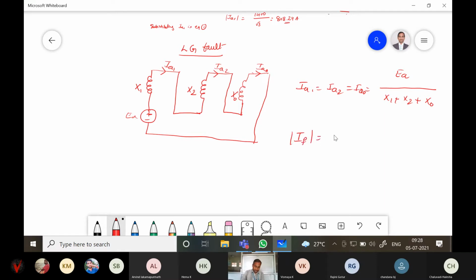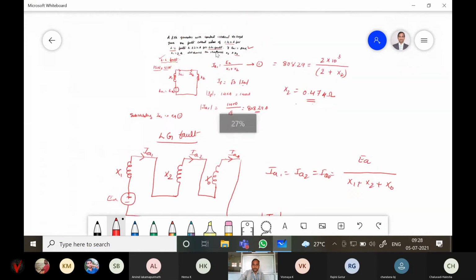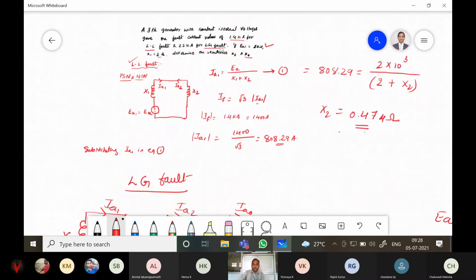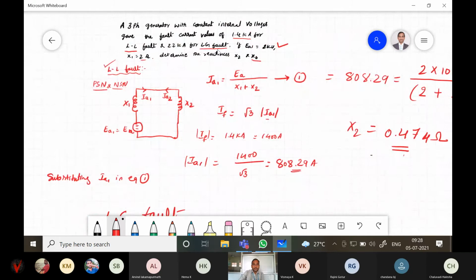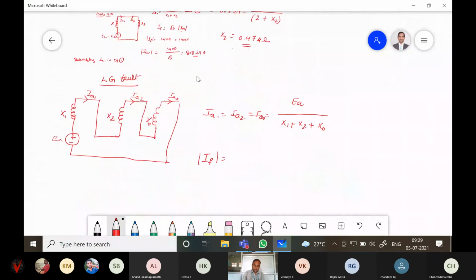What is the fault current given in the problem for the LG fault? For the LG fault it is 2.2 kiloamps, so from that we need to calculate. The LG fault current is 2.2 kiloampere, that is 2200 amps.